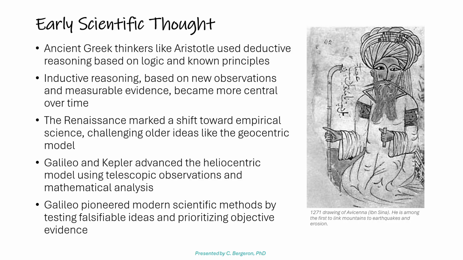Galileo and Kepler are obviously very important for science as we know it today. Before the Renaissance, we humans had an understanding of the Earth and the celestial bodies that basically believed Earth was at the center of the universe, right?